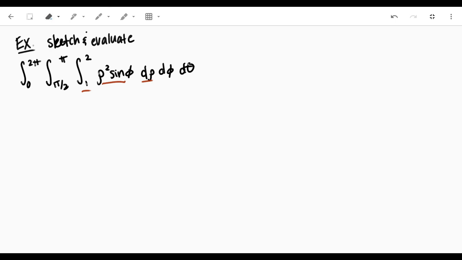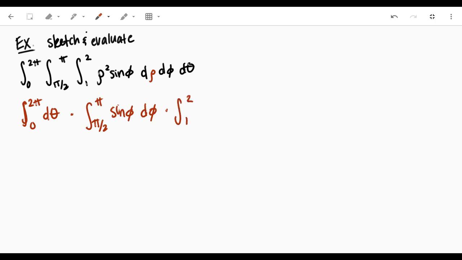This is a strategy that maybe we haven't used for a while, but we can easily separate this into our integral from 0 to 2 pi of just d theta, times your integral from pi over 2 to pi of sine phi d phi, times your integral from 1 to 2 of rho squared d rho.